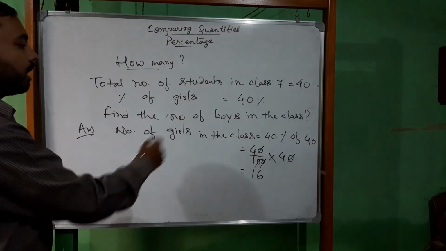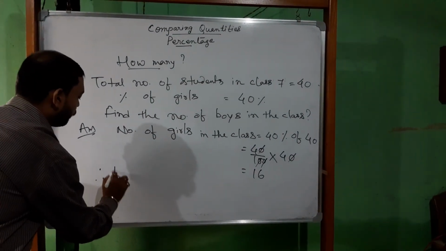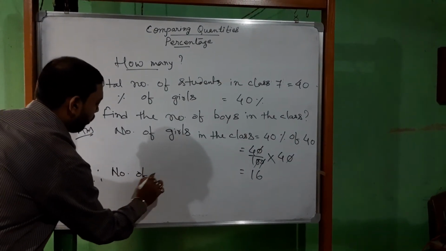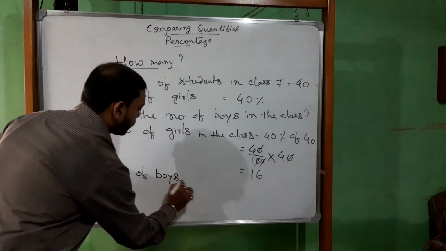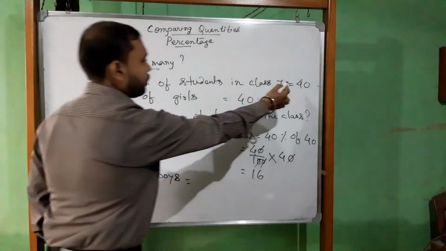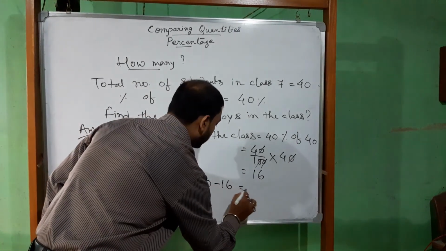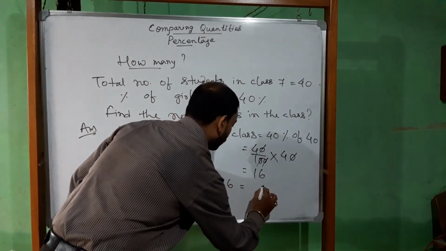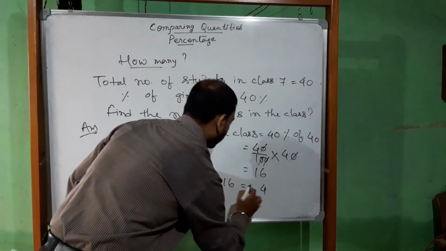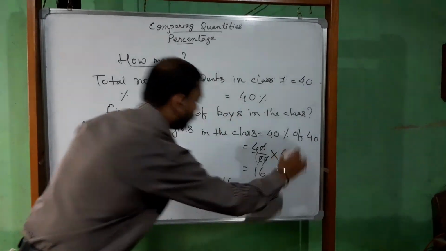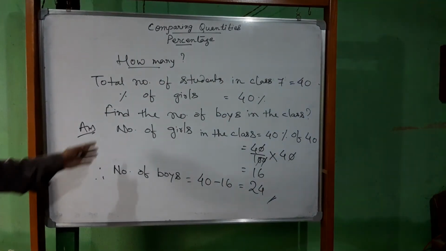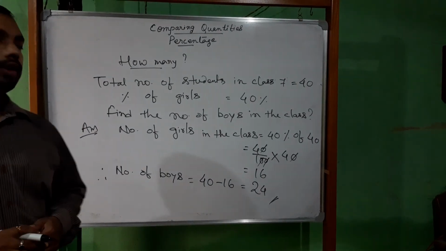Now we can take out the number of boys. Therefore number of boys is equal to, since total number of students is 40, 40 minus 16. It is 24. So there are 24 boys. In this way we have to calculate.